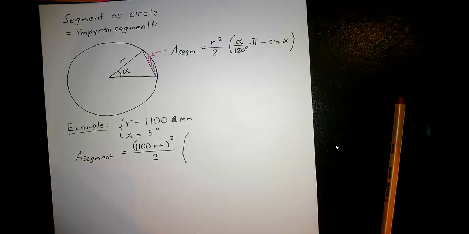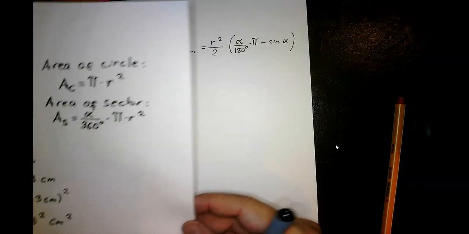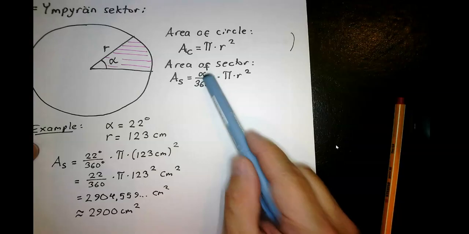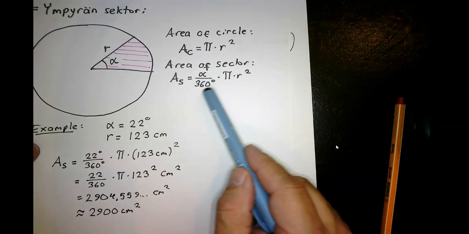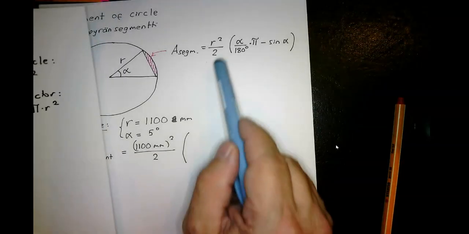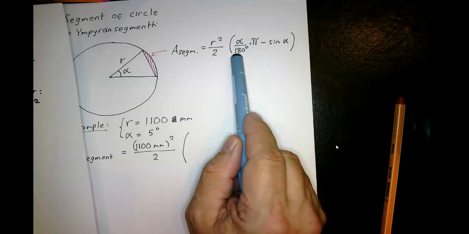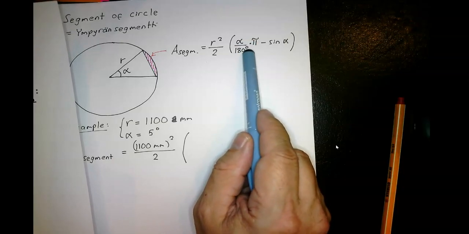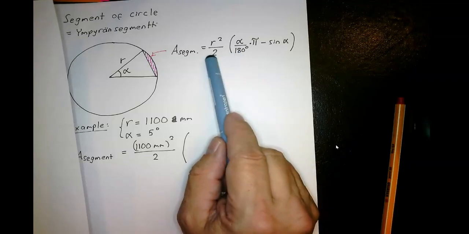Actually, if we watch the formula for area of sector of circle, we had this alpha divided by the whole circle, or 360 degrees. And if we watch this formula, we have the same alpha divided by 180 inside of the brackets, but there is this division by 2 outside of brackets.